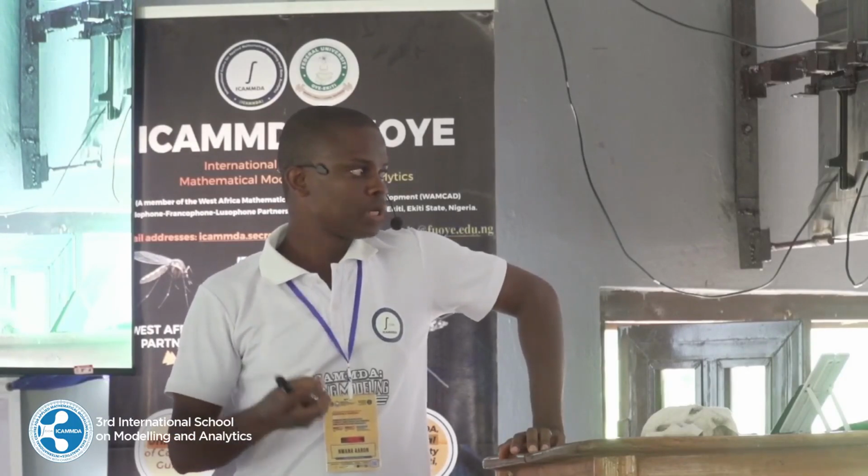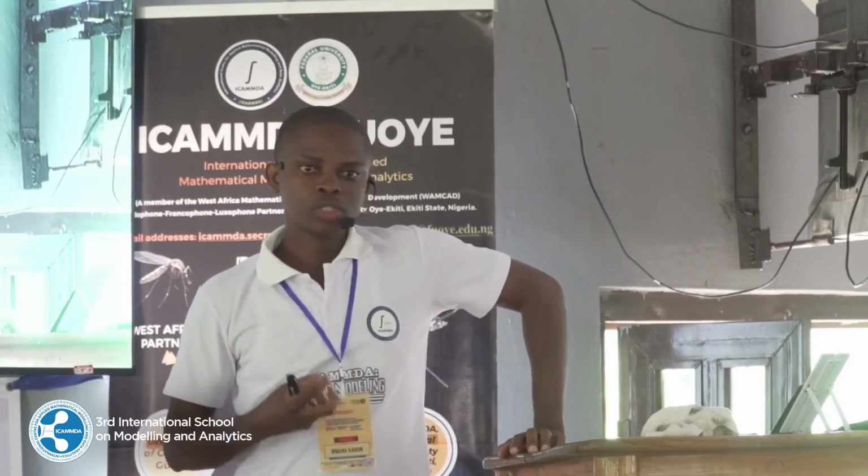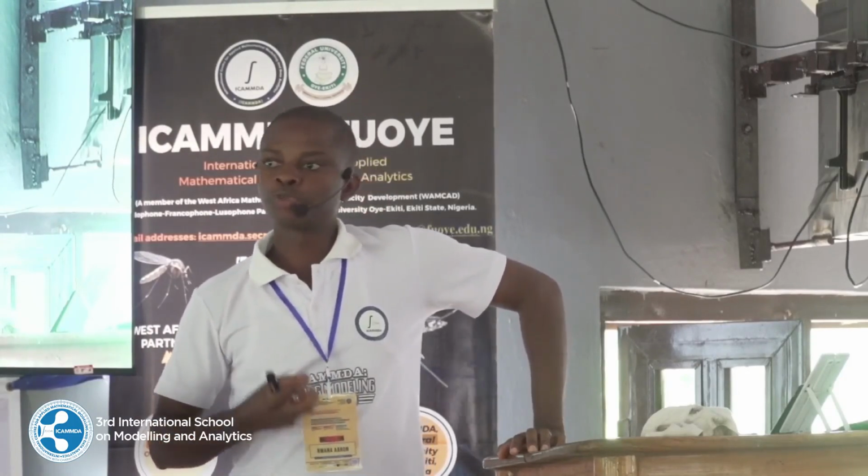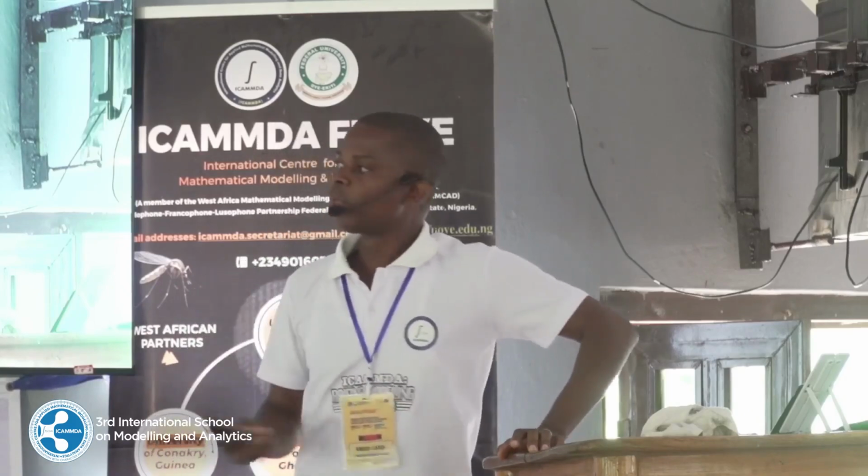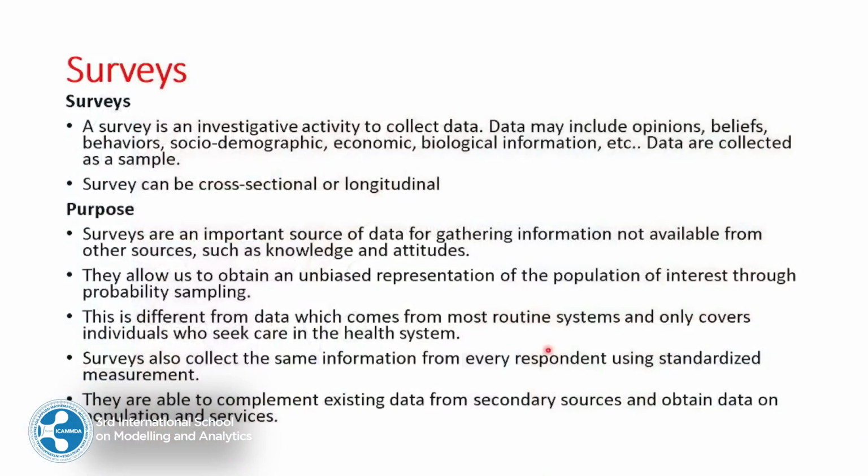As a country, as a state, we must own it. So we are now advocating for country ownership of each of those programs, so that we're able to implement as when it is due, all right? Not just depending on the donor agencies or funds to come to our rescue any time we want to carry out any disease surveillance or any survey at all, to bring to bear our own health challenges in the country.